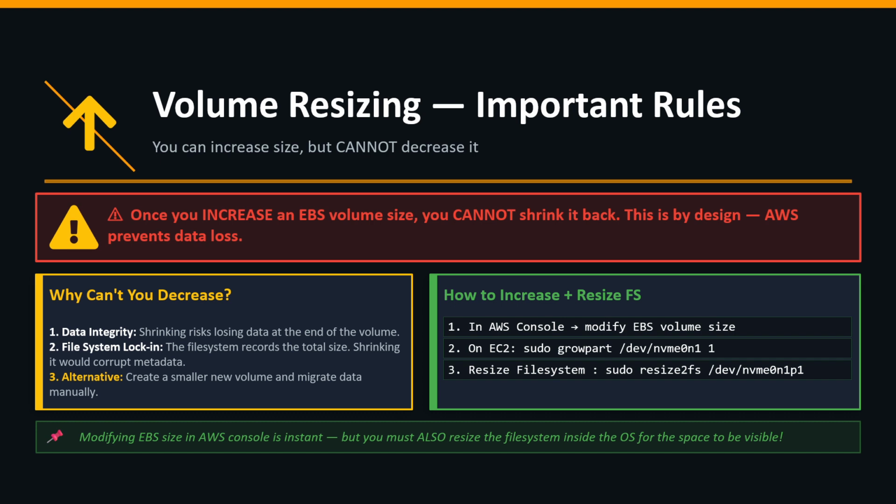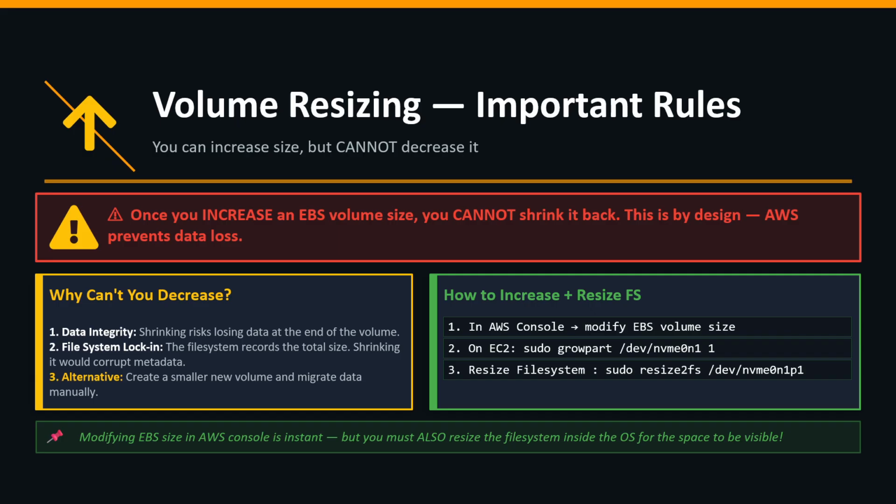This is by design, so AWS prevents data loss. Suppose our volume is 10 GB and we increase it to 50 GB. We cannot decrease it to 20 GB.